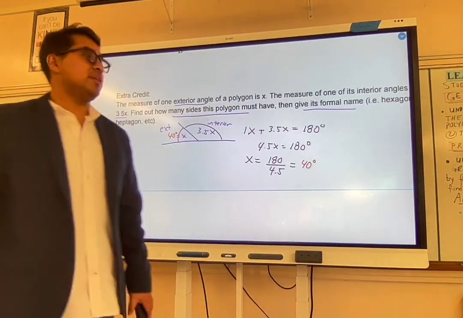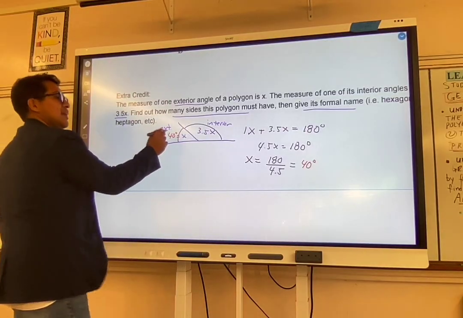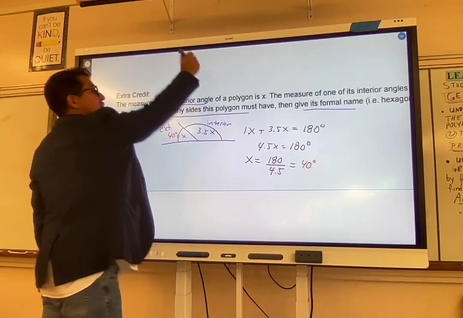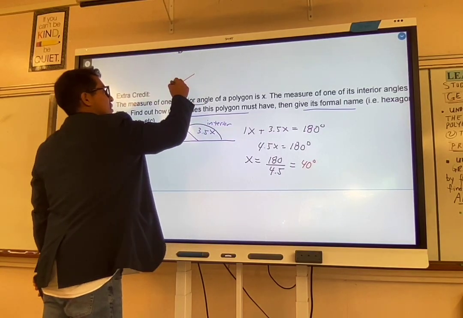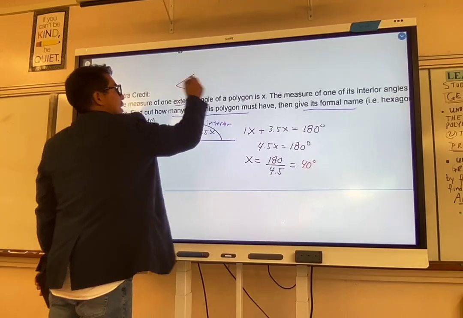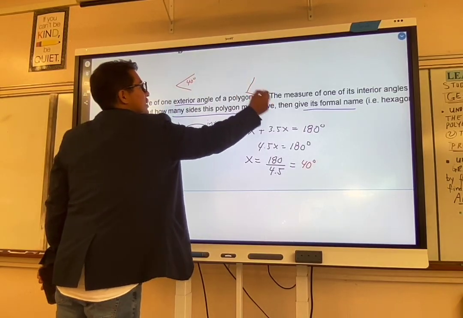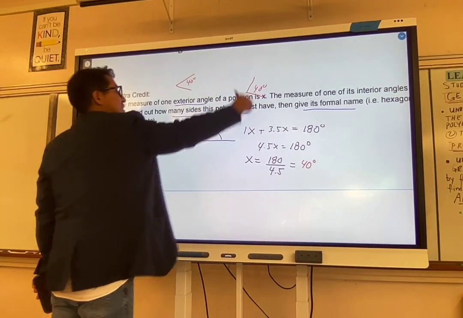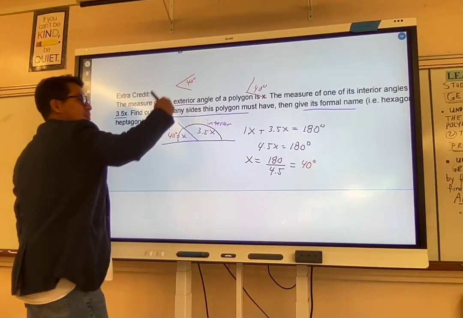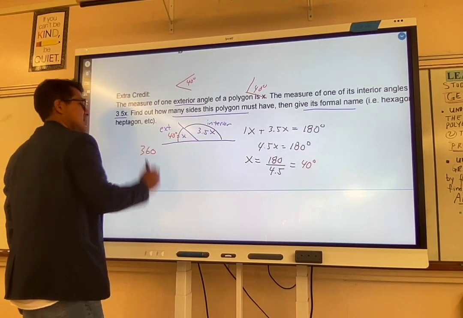So what do I do now? Remember, anytime I figure out that one of the exterior angles is 40, I know that somewhere else in this picture there's going to be another exterior angle of 40 degrees, right? And somewhere else there's going to be another 40 degrees, all these little outside angles. So if I add up all these 40 degrees, all the exterior angles, remember that gives me 360.